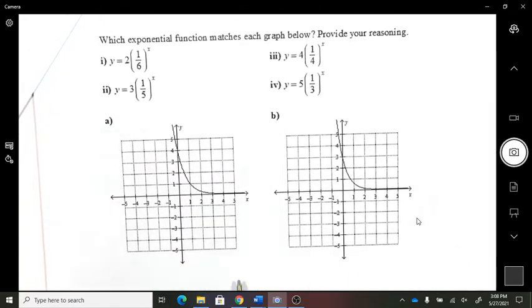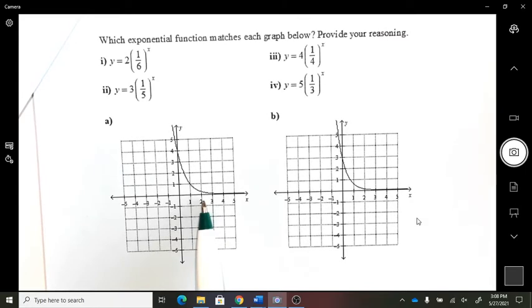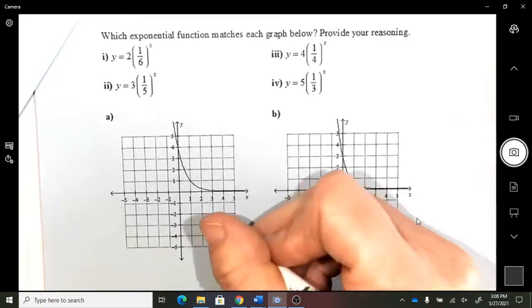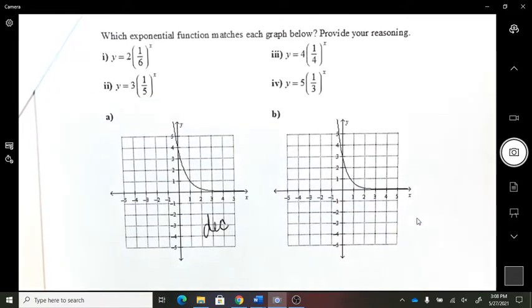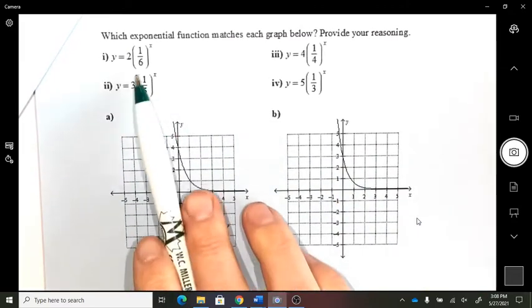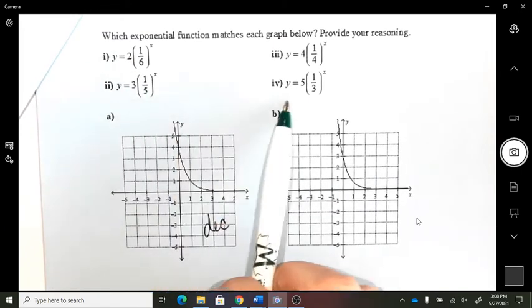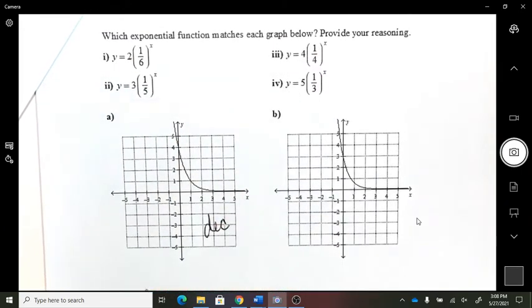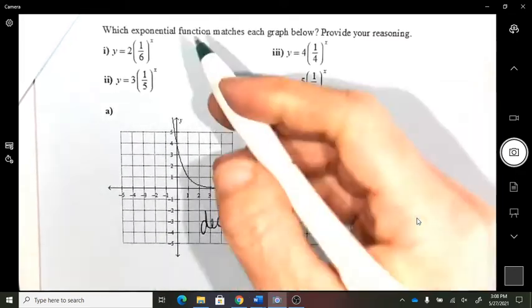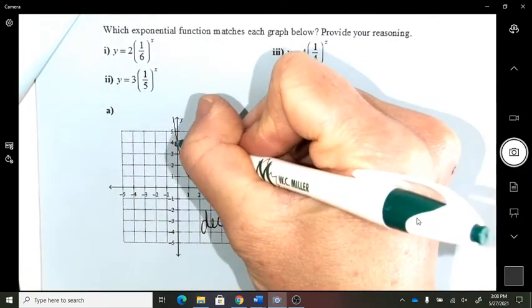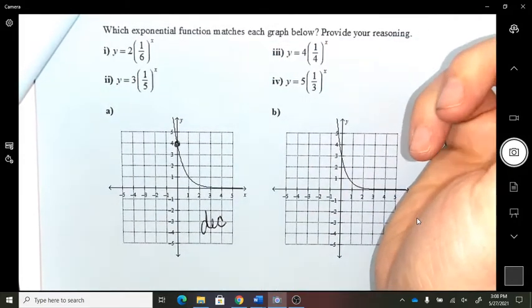Okay, match this graph. Okay, what do you know? Well, okay, it's decreasing. So the base has to be less than 1. You know what? They are all that way. What's the y-intercept? 4.